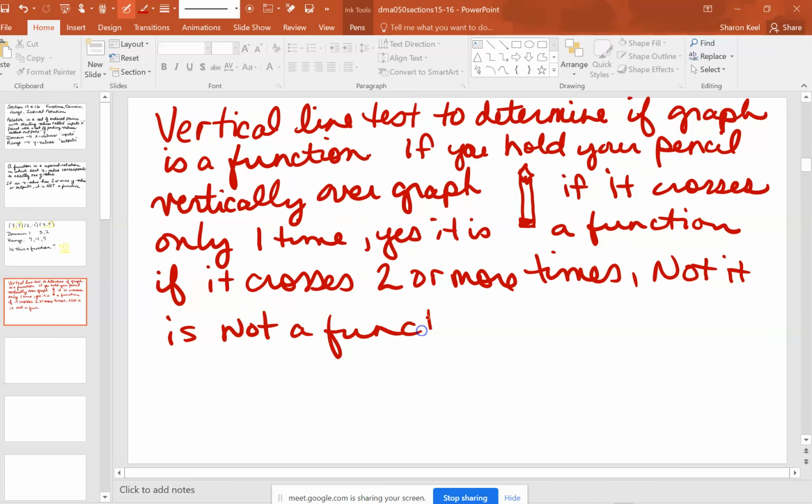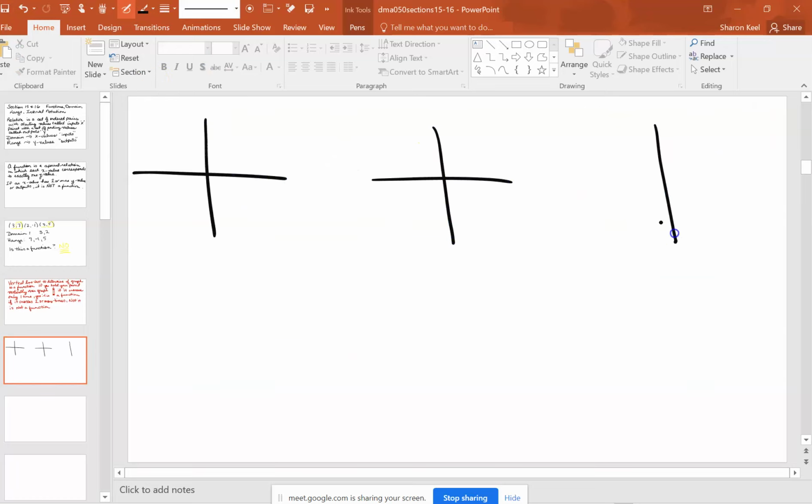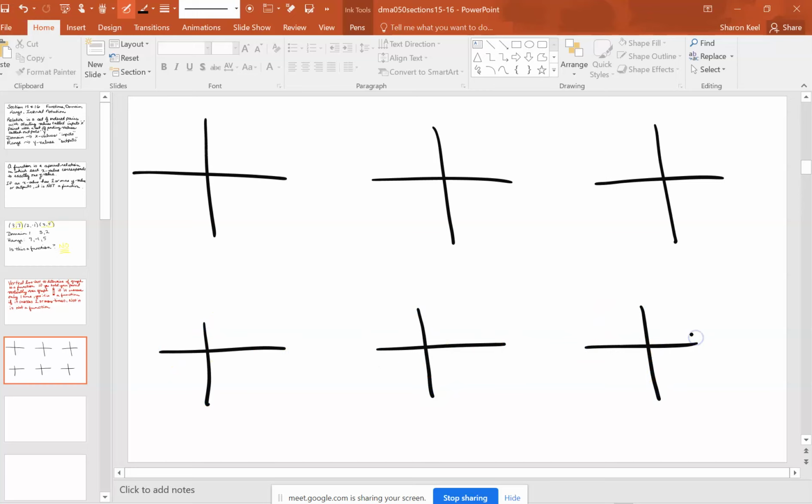So let me give you an example of this. Let me just do a couple of graphs up here, and then I'll draw images on them and we'll determine with the vertical line test if they are or are not.